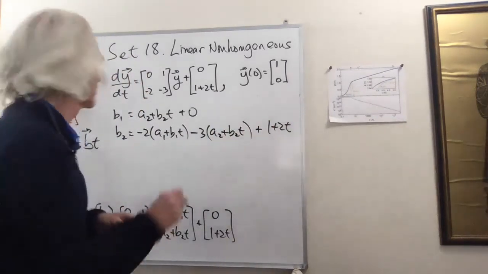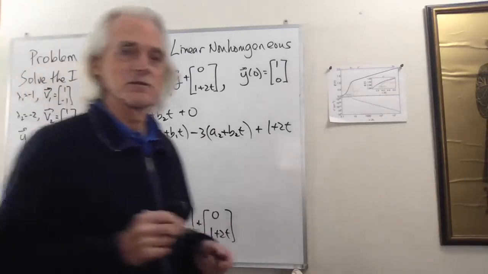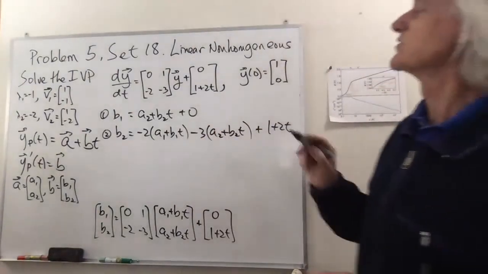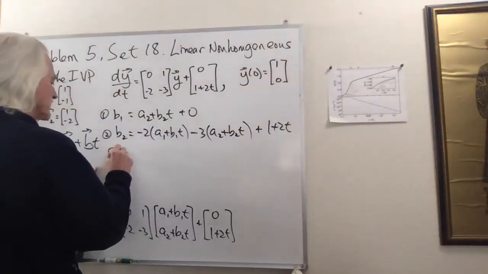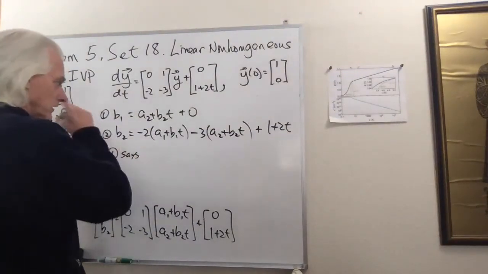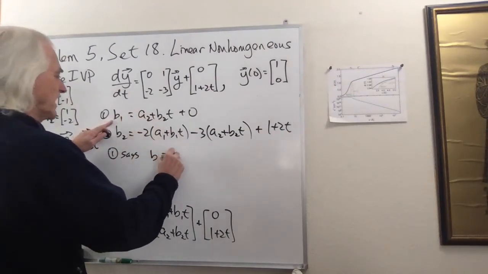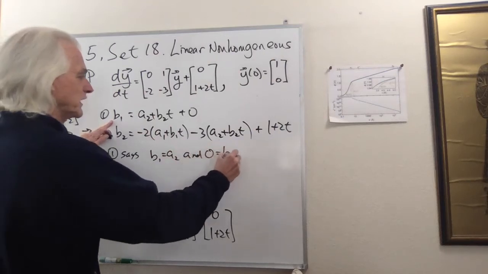Okay, so I'm going to call these equation 1 and equation 2. And it's not really very original, but okay. So what does equation 1 say? Equation 1 says that B1 equals A2 and 0 equals B2, right?